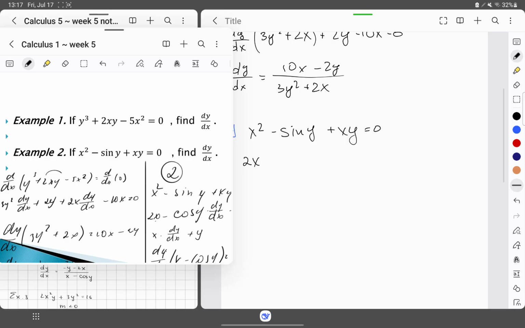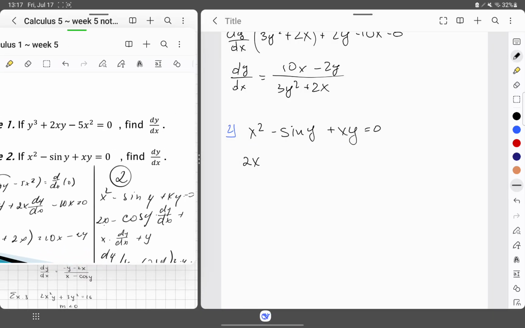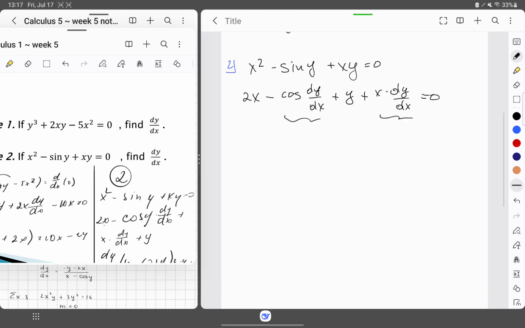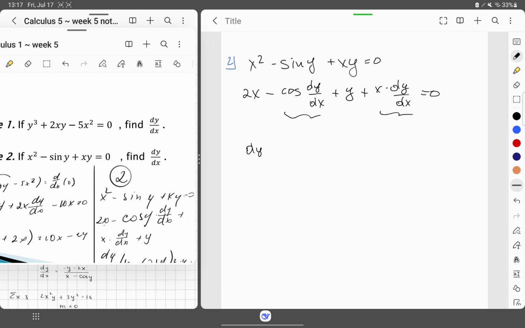Alright, that will be 2x minus the derivative of sin y, sine will be cosine y, and cosine y dy over dx plus the derivative of xy, which will be y plus x times dy over dx. And common factor dy over dx.